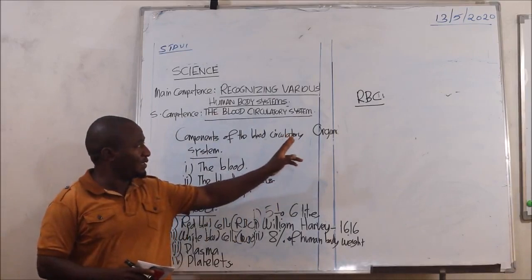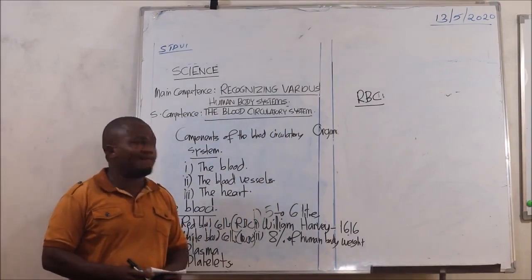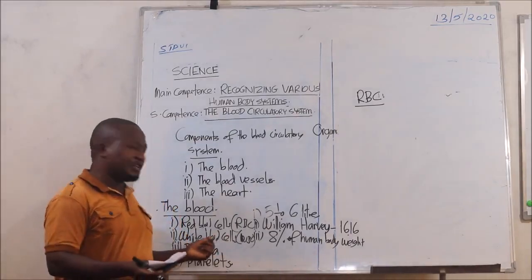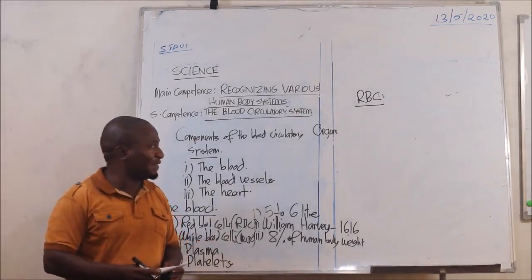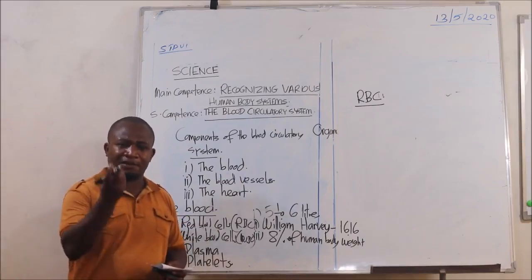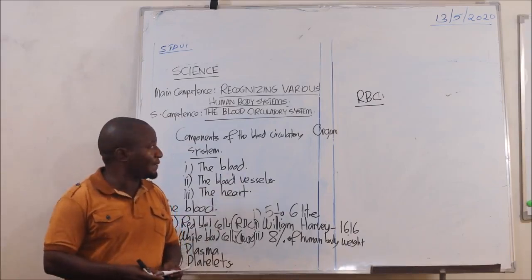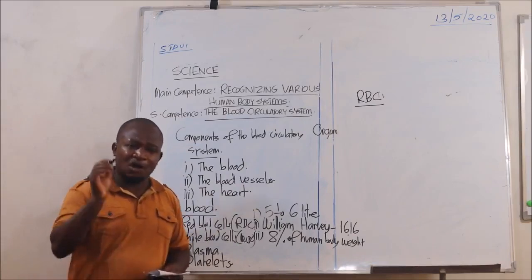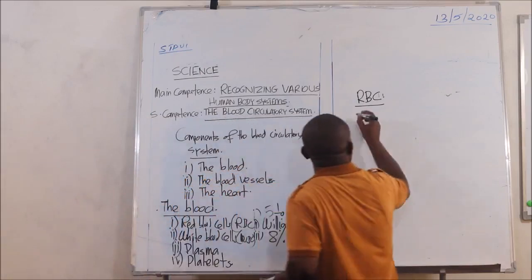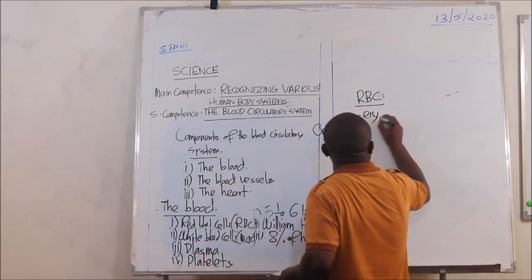Red blood cells are found in big numbers. They're numerous. Compared to white blood cells, red blood cells are very many. And I'll tell you the number of red blood cells in a given amount of blood. Red blood cells are also scientifically known as erythrocytes.